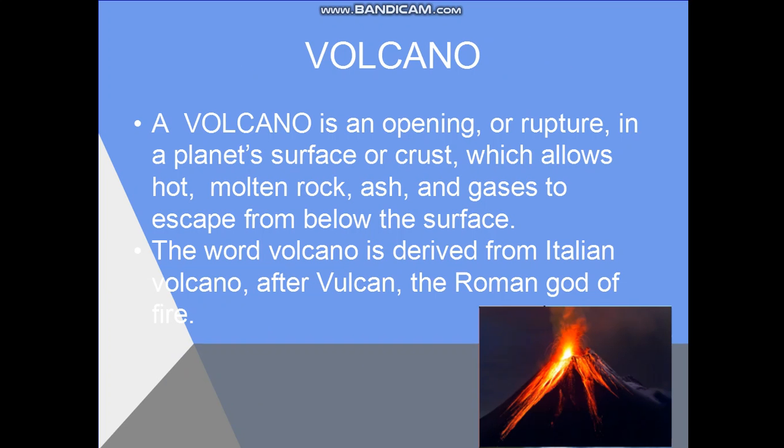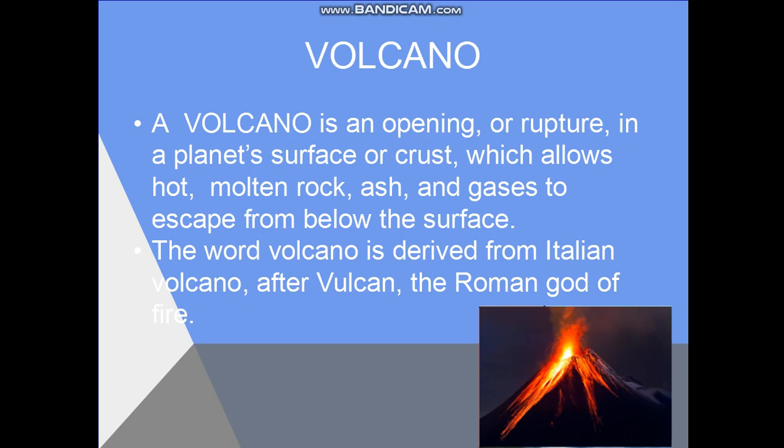So the first sudden force is volcano. A volcano is an opening or rupture in the planet's surface or crust, which allows hot molten rock, ash and gas to escape from below the surface. The word volcano is derived from the Italian volcano after Vulcan, the Roman god of fire.